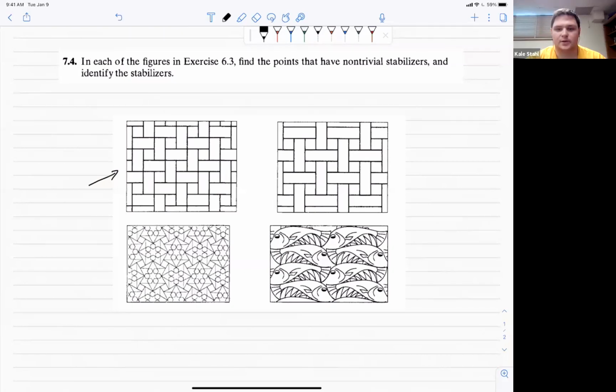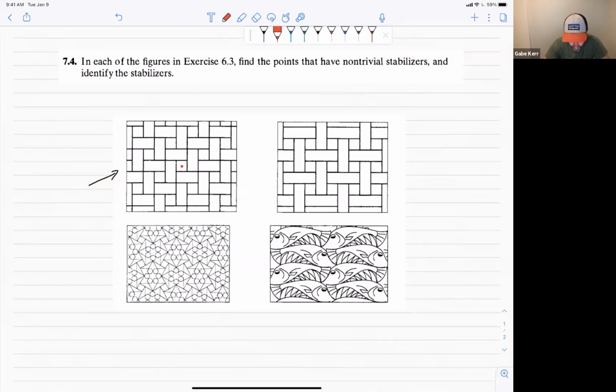Would the center of the squares have it? Right, I think the center of the squares is one point, so let's choose this as one of the points.